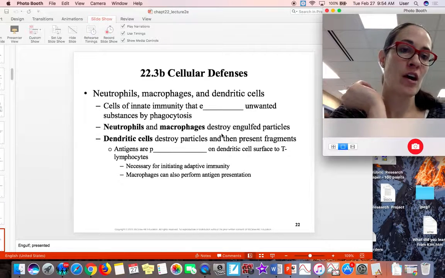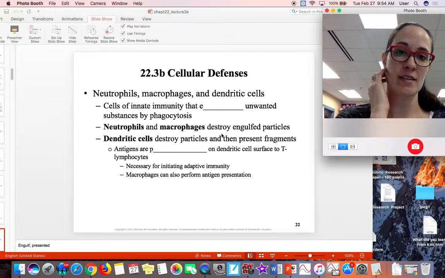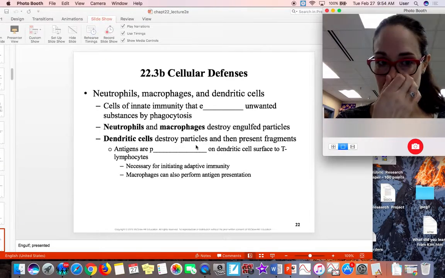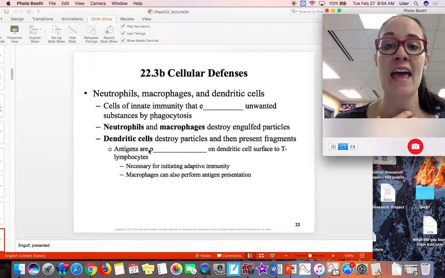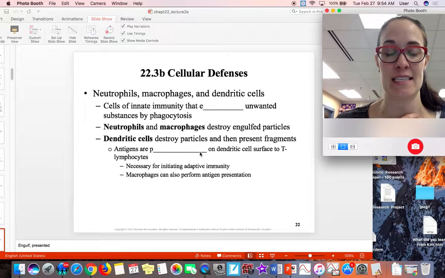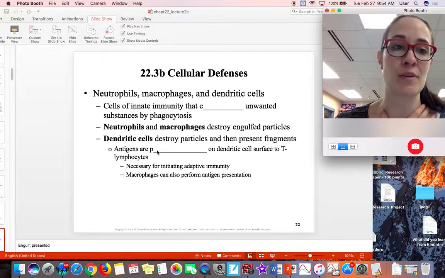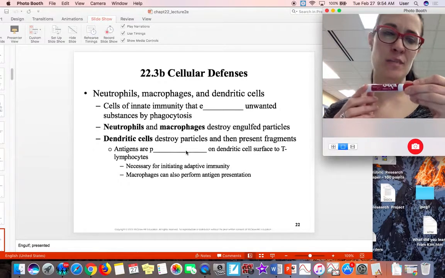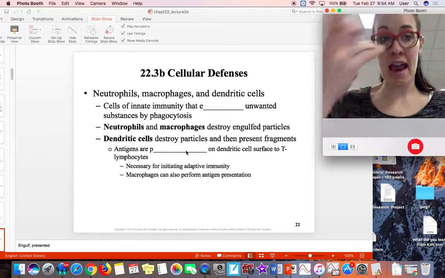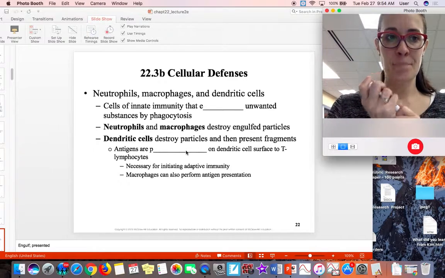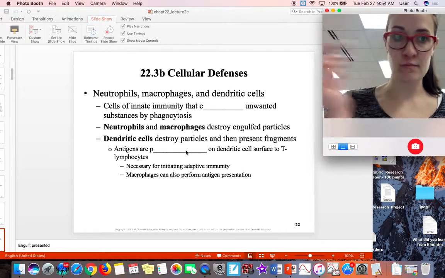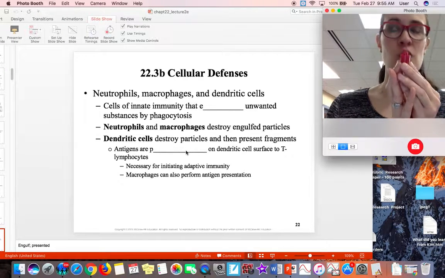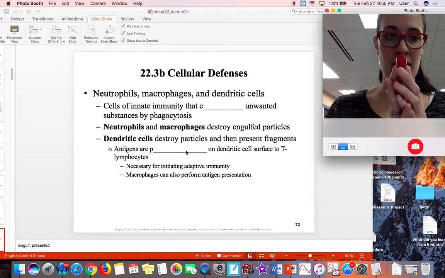Dendritic cells are also a type of white blood cells. They're going to have a very specific job. They also can be phagocytic, and they present, the word here is antigens are presented. So it takes something bad in, this bad expo marker, let's say it's bacteria, and it engulfs it, destroys part of it through enzymes, and presents the antigen, which is the foreign part of that bacteria.